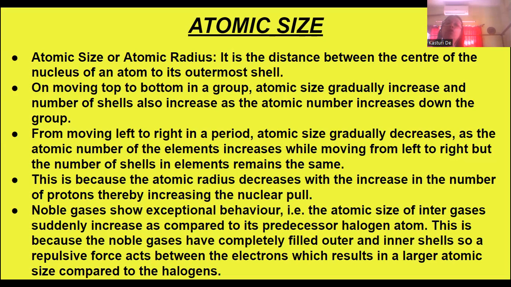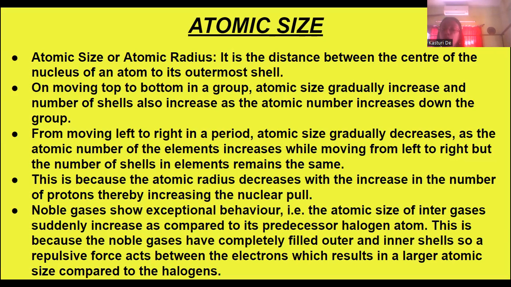Clear? Noble gases show exceptional behavior. In case of noble gases, this is an exception. What happens here? The atomic size of the inert gases suddenly increases as compared to its predecessor halogen atom. So before the inert gas group, that is the 0 group or group number 18, there is group number 17, the halogen group, group 7A.